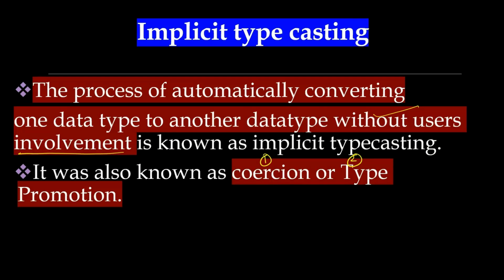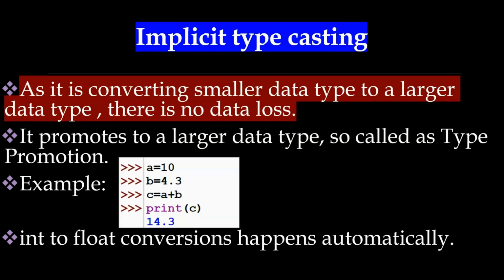So you have to know that implicit typecasting has two other names, coercion and type promotion. All these three mean the same thing, which is the conversion of one data type to another data type without the user's involvement.